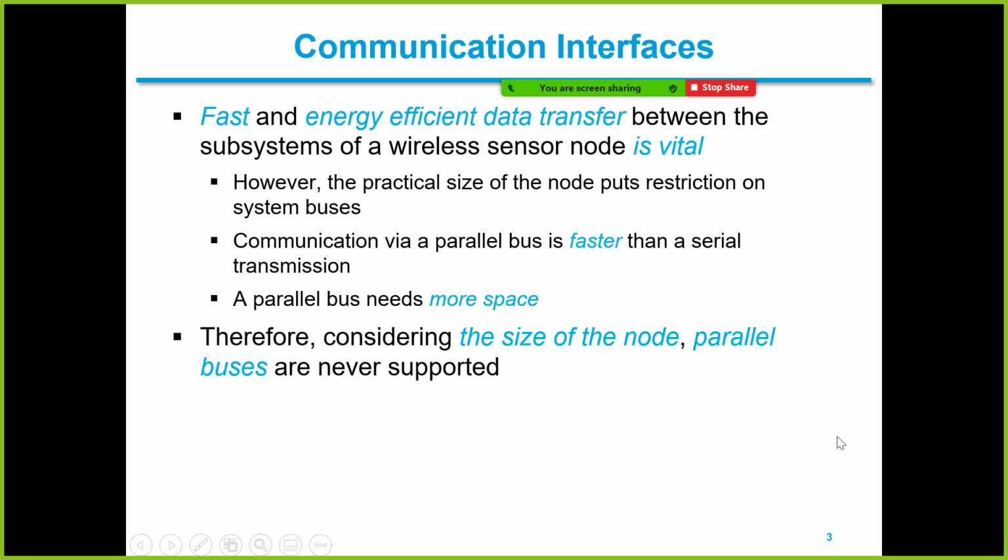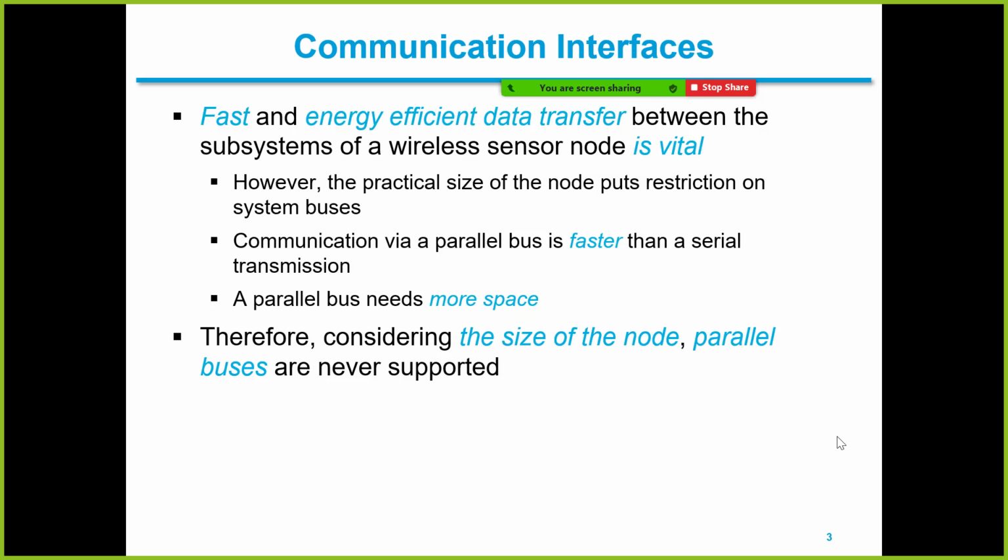So the communication interfaces within a wireless sensor node are very important. We need some kind of fast and energy efficient data transformation between wireless sensor nodes, right? Because as we mentioned in our first class, energy consumption is a restriction for wireless sensor nodes.